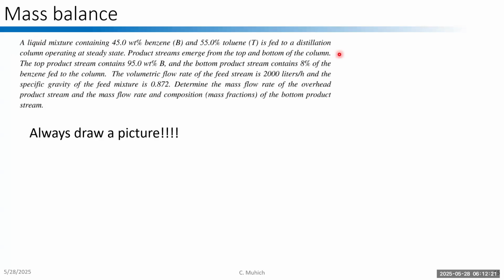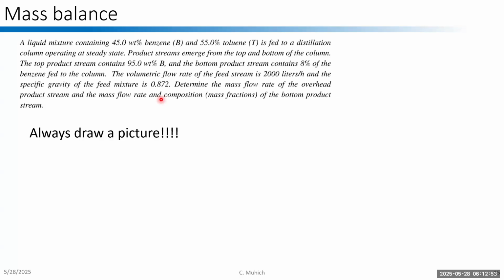The top product stream contains 95 weight percent benzene, and the bottom contains 8% of the benzene fed to the column. The volumetric flow rate of the feed stream is 2,000 liters per hour, and the specific gravity of the feed mixture is 0.872. Determine the mass flow rate of the overhead product stream and the mass flow rate and composition of the bottom product stream.